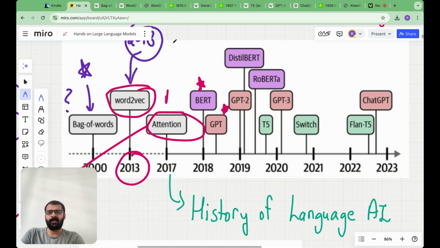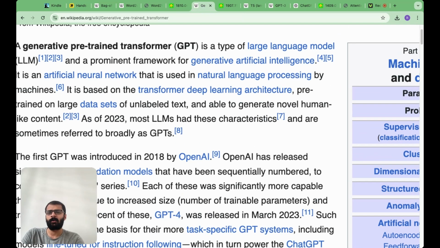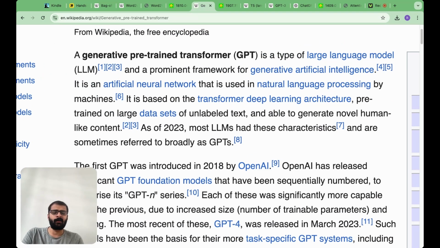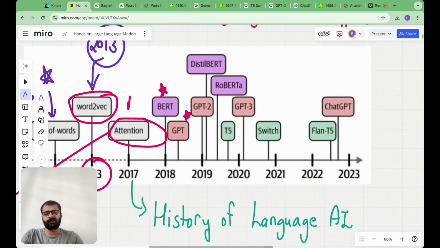GPT is the Generative Pre-trained Transformer, on which ChatGPT is based. So here is the Generative Pre-trained Transformer Wikipedia article, and the paper related to this came out just after the BERT paper came out. The architecture of BERT and GPT differs with respect to their encoders and decoders, but both of them are fundamentally based on transformers, and both of them represent huge, significant advancements in natural language processing.